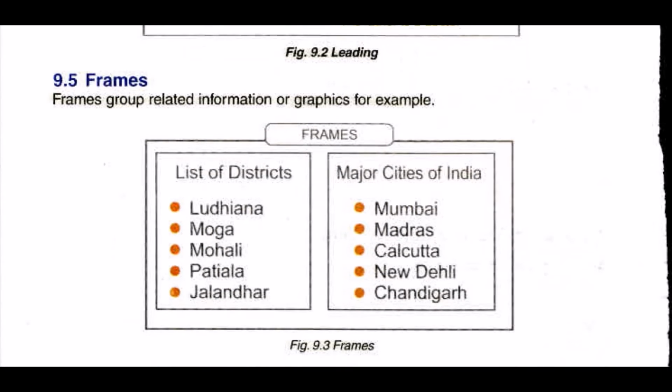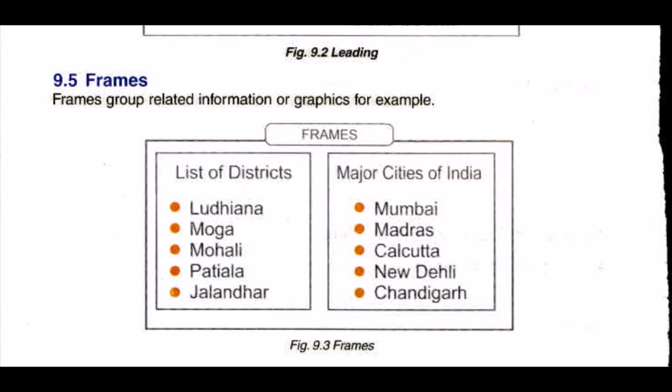Frames. A frame is information that is encapsulated or enclosed in specific lines. For example, you have a photo frame at home, and within that frame you have two pictures and they are both enclosed within frames.